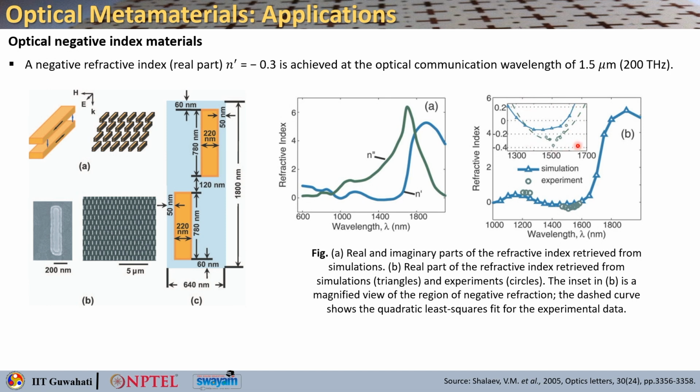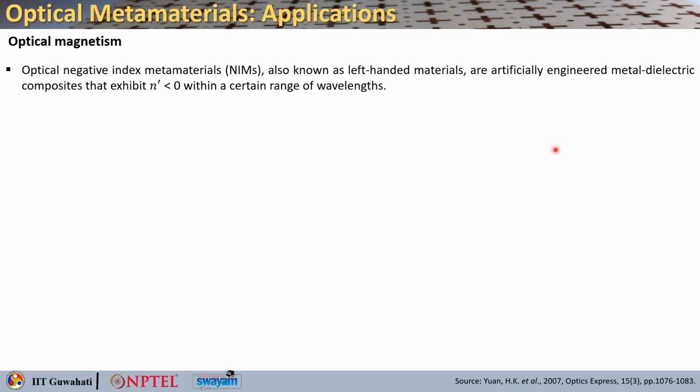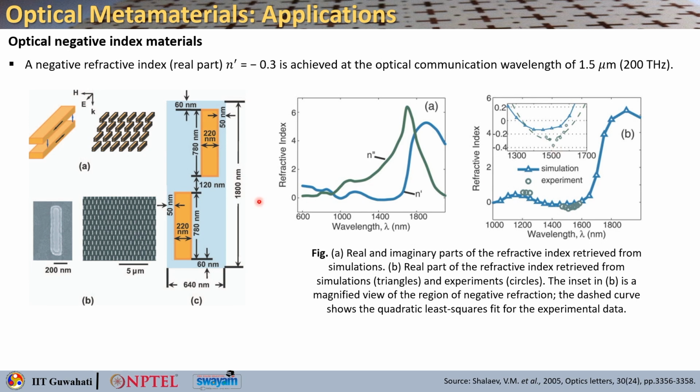The zoomed version shows that you are actually getting negative refractive index at a particular wavelength range. At 1500 nanometer, n prime was recorded to be close to minus 0.3, right. So, you are actually able to create negative refractive index at a particular wavelength based on the design of a unit cell, which looks like this.